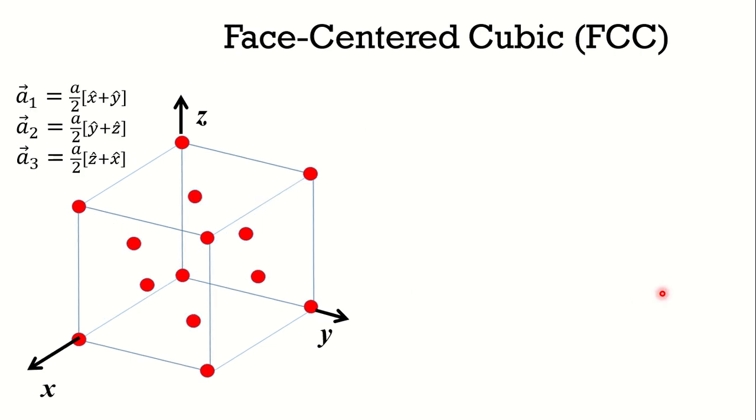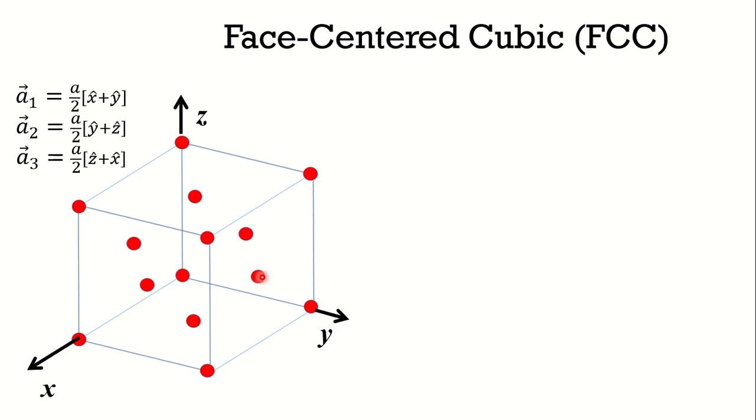Similarly, for a face centered structure, the total 8 corner points add up to 1 lattice point. However, each of these face centered points is shared by 2 unit cells, one this and one opposite to this.